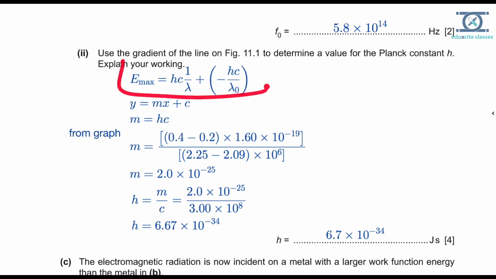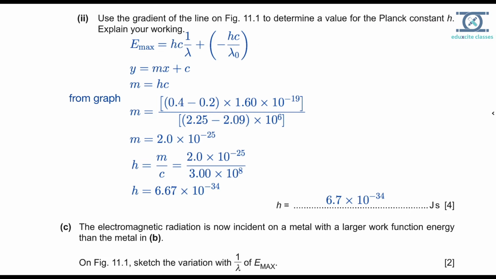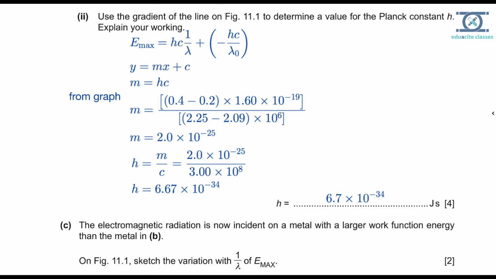Comparing this equation with this, m is equal to hc. So we have to find out the gradient, Planck constant h. So m by c will be the h. First of all, I am calculating the gradient using the graph, because in the question it is mentioned use the gradient of the line to determine the Planck constant.